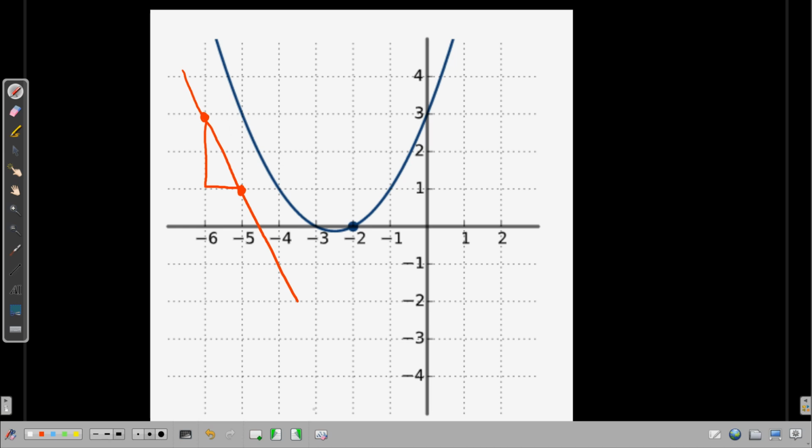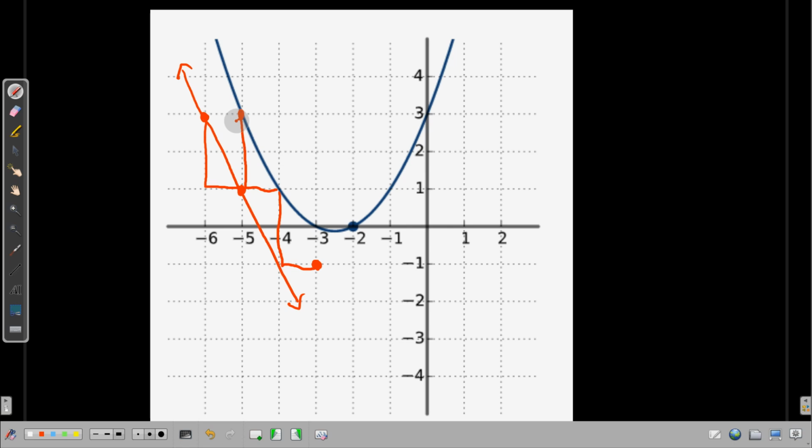And so I'd be wondering at which x value would I have a tangent line that's parallel to this thing? Is it going to be right there at -4? Well, here's a -2.